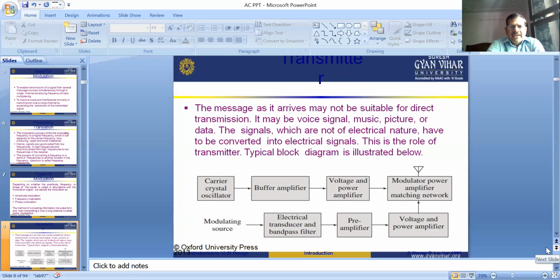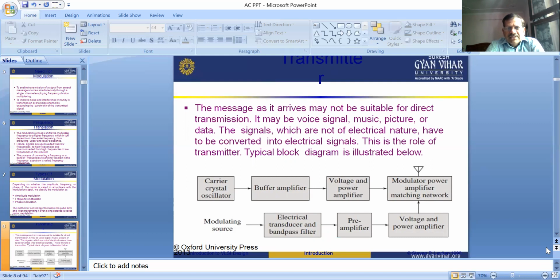Now, the message as it arrives may not be suitable for direct transmission, or the message may have some noise interference. This type of message is not transmitted directly.